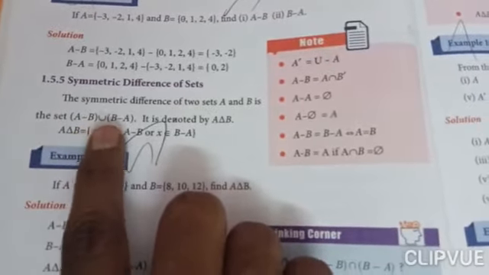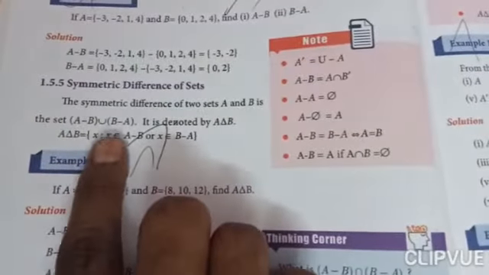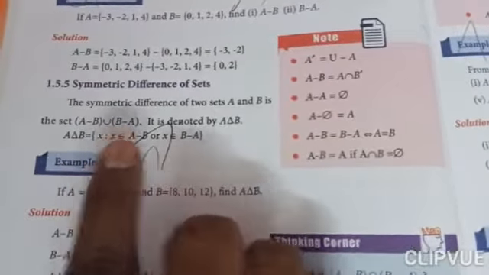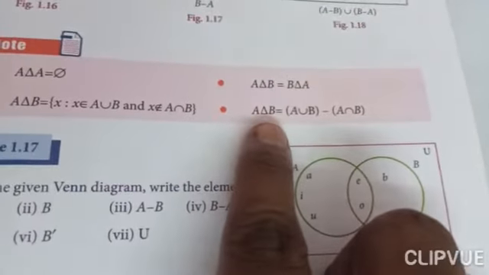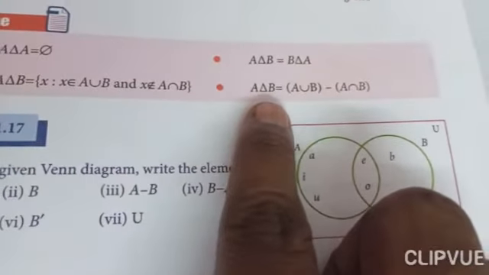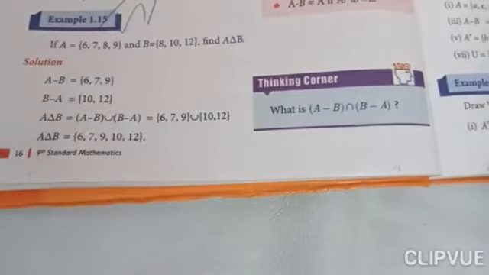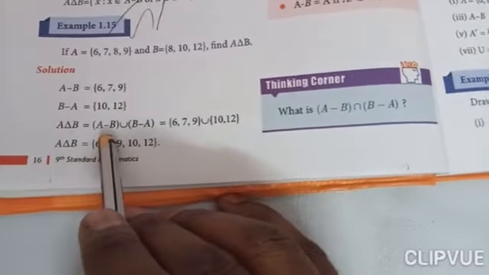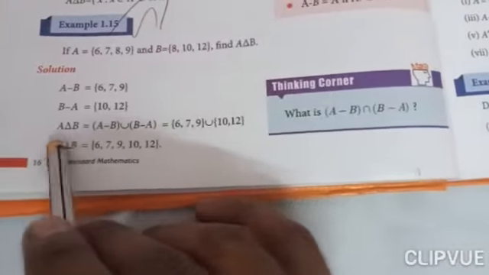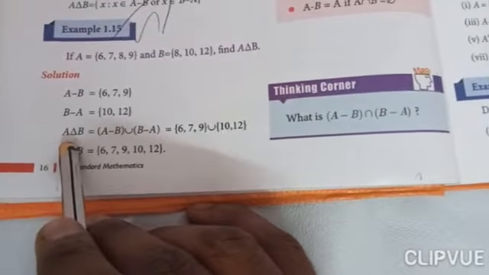A difference B union B difference A. This is the formula for A symmetric B. You have to read it as A symmetric B. This triangle represents symmetric difference. A symmetric B equals A difference B union B difference A.